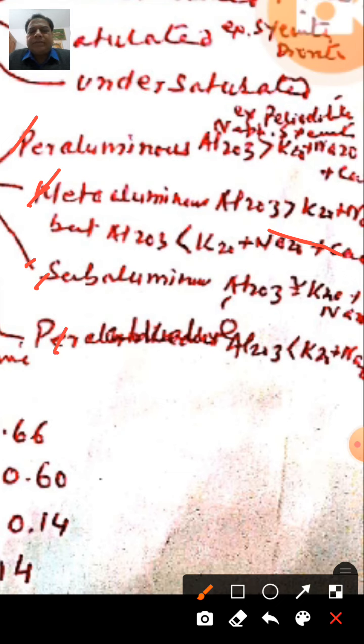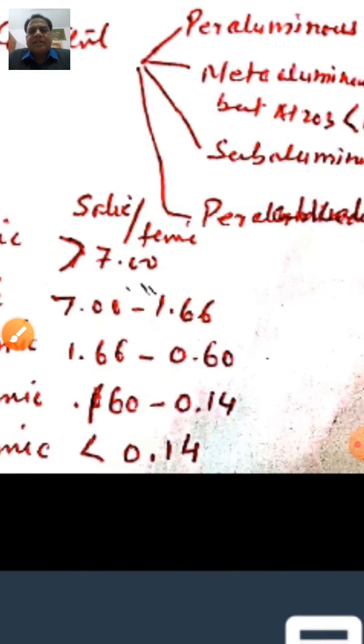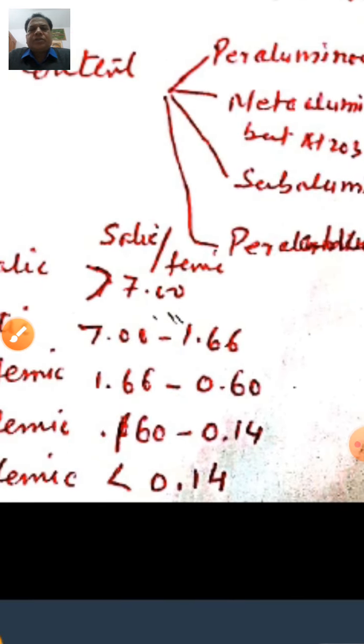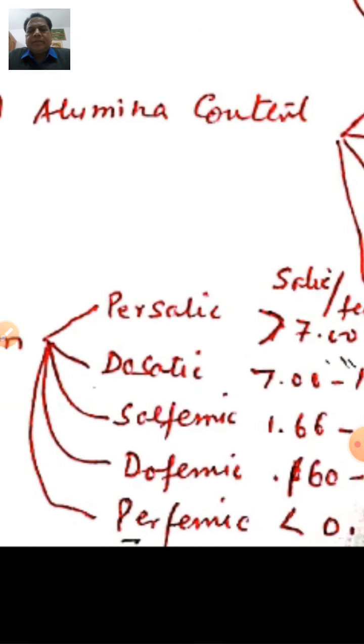And the fourth category, peralkaline, is when the rock has Al2O3 less than K2O plus Na2O. So these are the various categories on the basis of Al2O3.